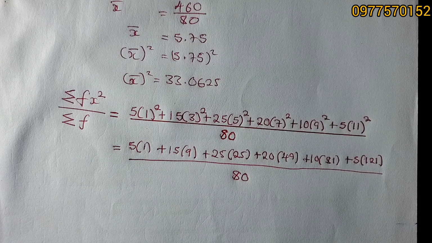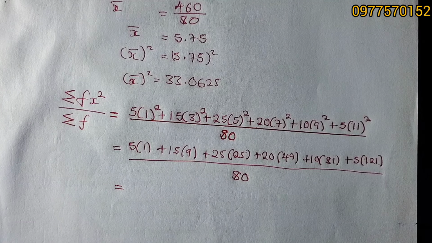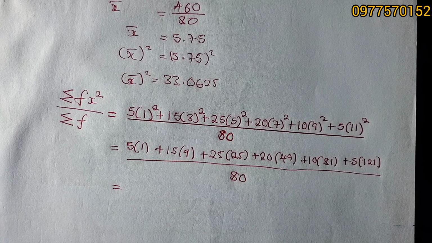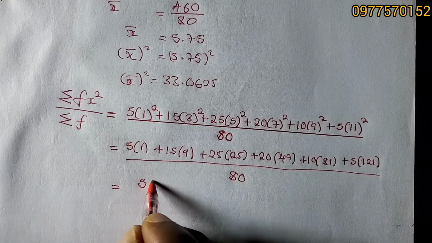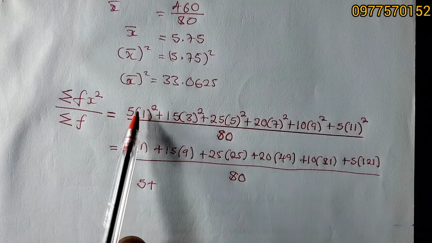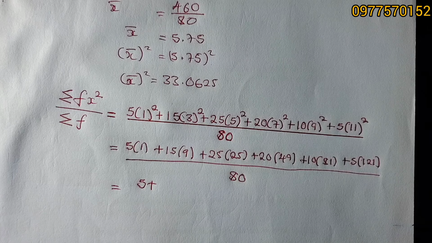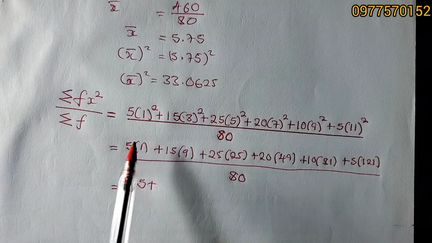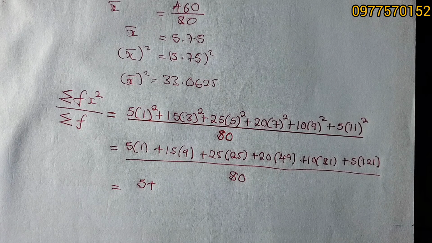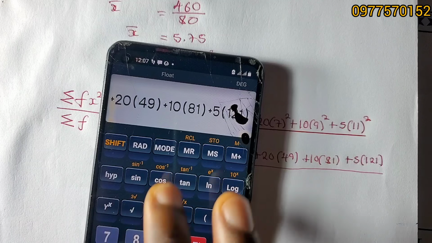Now, we are almost done. You can just multiply. 5 times 1, we know that it's 5, plus 15 times 9. You can even punch everything on the calculator and find the answer so that you don't waste time.